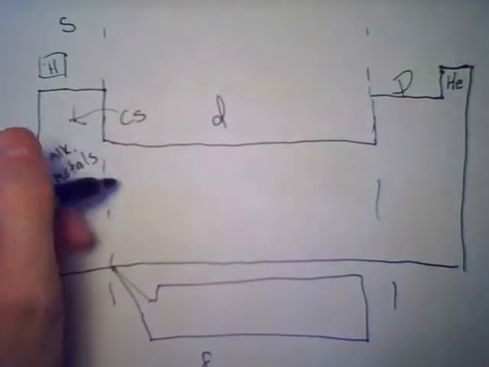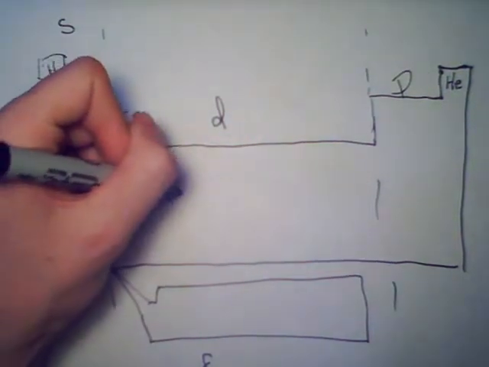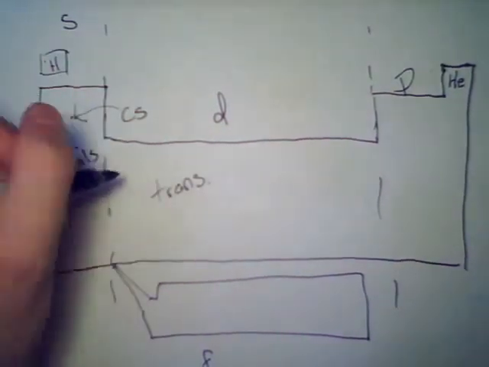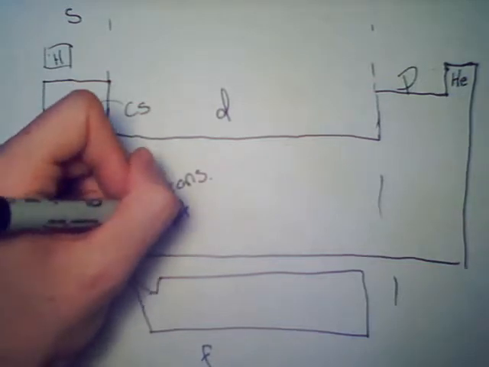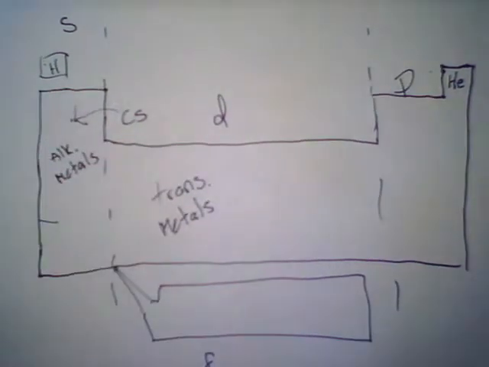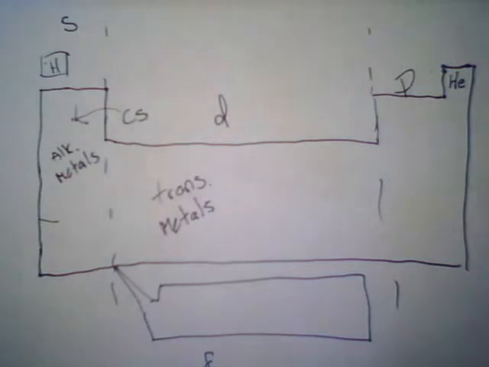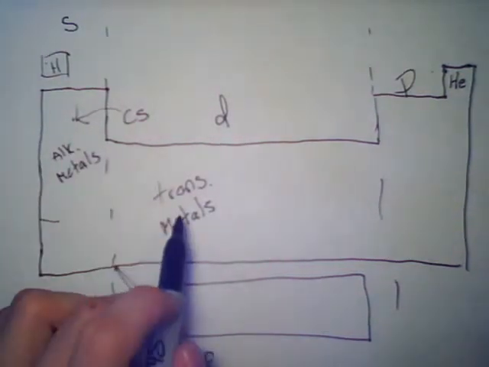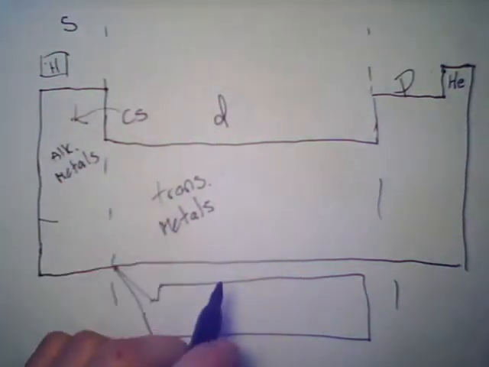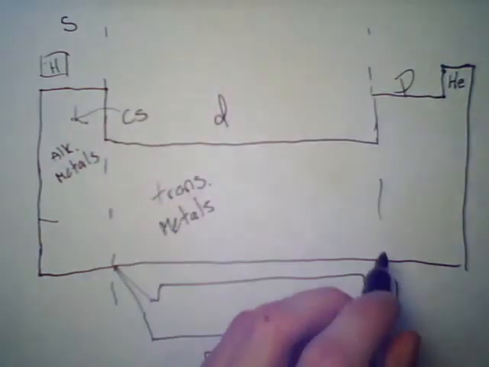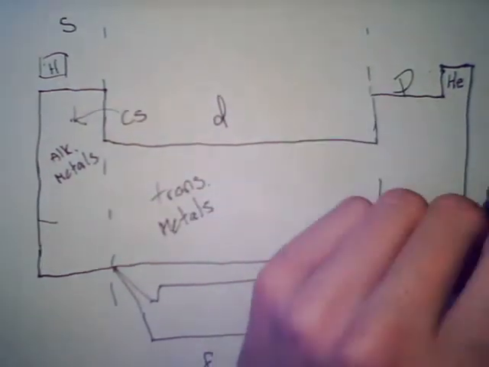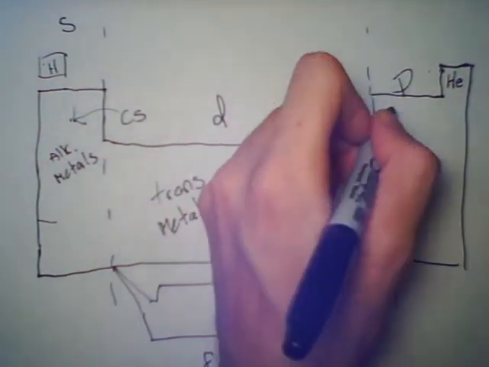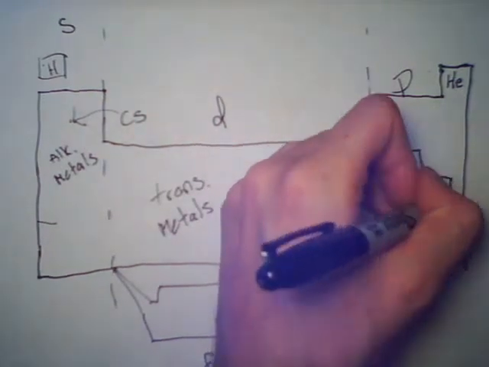And then this whole section, it's a big section of the periodic table. These are called your transition metals. So you have iron, you have titanium, you have osmium, all your transition metals are in here. And then on this side, now it's not going to be very accurate pictorially, but we'll get the general concept across.